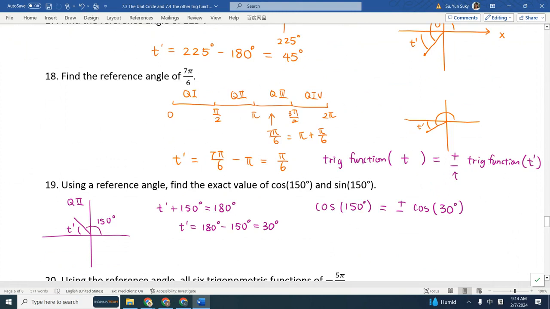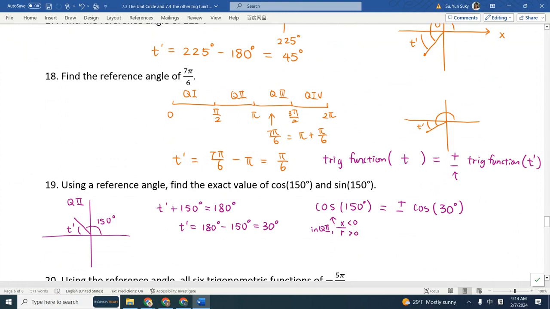So like here, cosine. So cosine in terms of x, y, r is what? x over r. And we are in quadrant 2. Okay? So in quadrant 2, is your x positive or negative? Negative. And your r is always positive. Right, everybody?